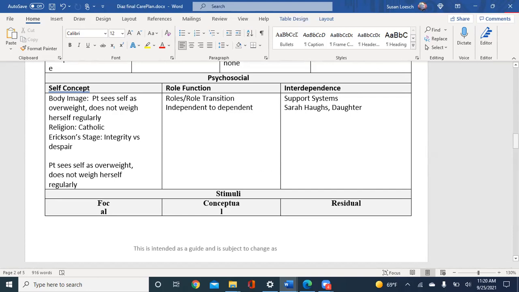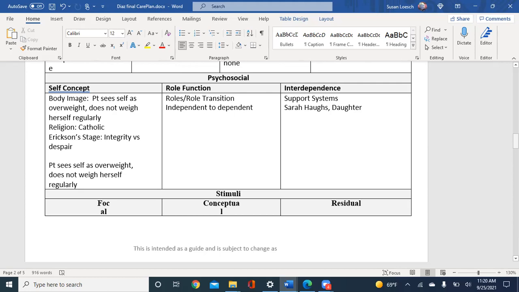So for body image, do you have in mind how this patient presents? You may or may not, okay, for the body image, but religion's there for you. It's in the case study, and you should be able to identify what her Erickson's stage is for an 85-year-old patient, okay? And then role transitions.